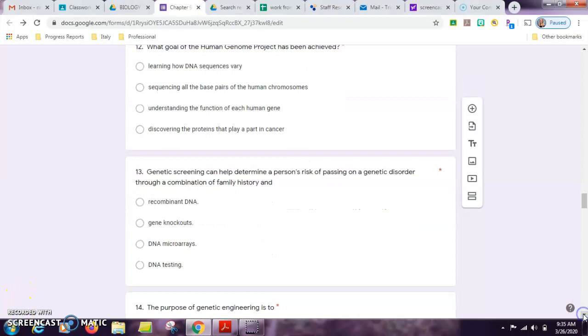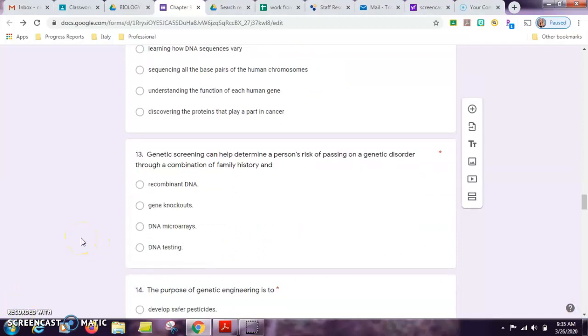All right, number 13. Genetic screening can help determine a person's risk of passing on a genetic disorder through a combination of family history and recombinant DNA, gene knockouts, DNA microarrays, or DNA testing.